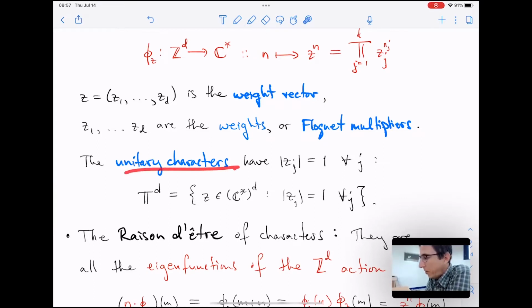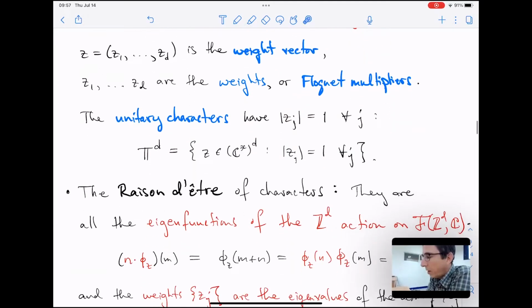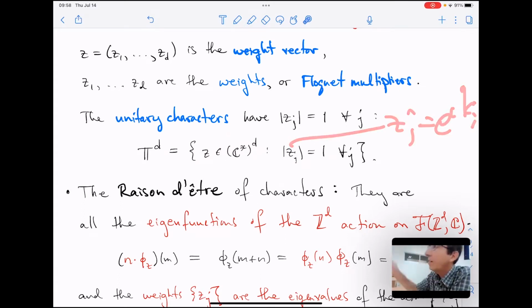And the unitary characters are exactly those where all of the z's have modulus 1. We call those the d-dimensional torus. It's all of the z's inside of (C*)^D where the moduli of all those z's are equal to 1. And so you can call z_j = e^{i k_j}, where k_j is real.